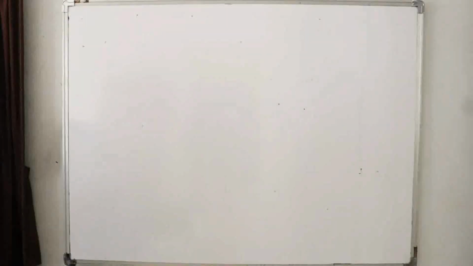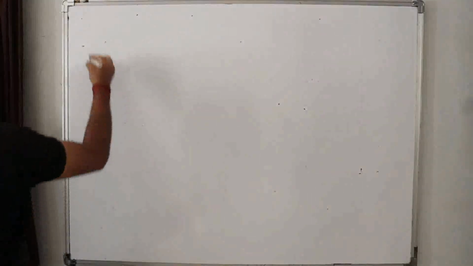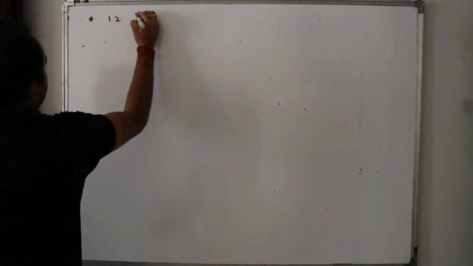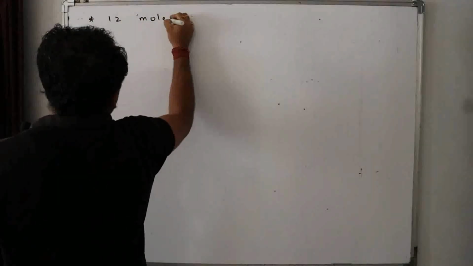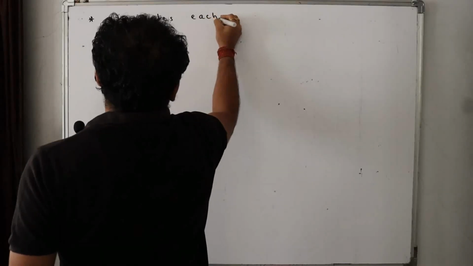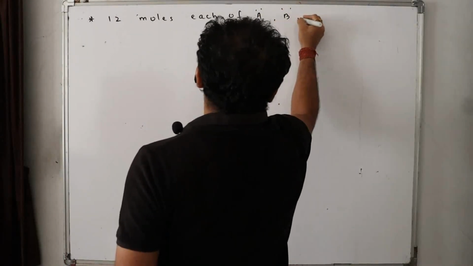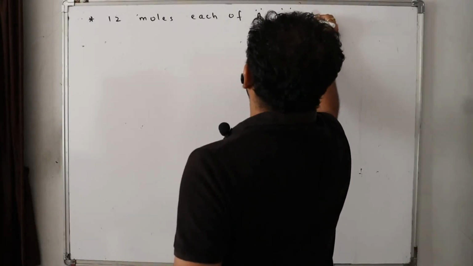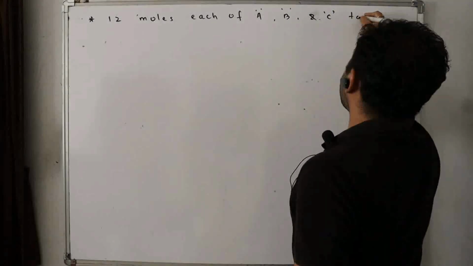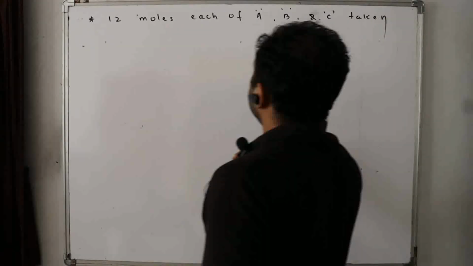The question is, 12 moles each of A, B and C are taken initially.